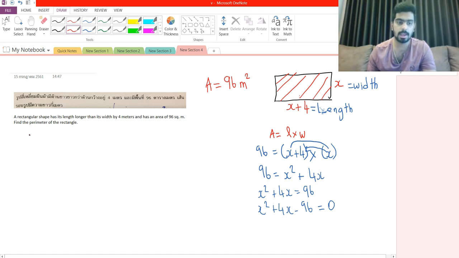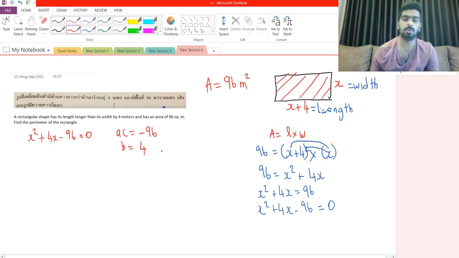So we have x squared plus 4x minus 96 is equal to 0. We know that AC is the constant A multiplied by C. So 1 multiplied by minus 96 gives us negative 96, and our B is equal to 4.